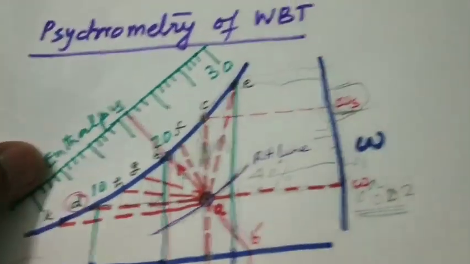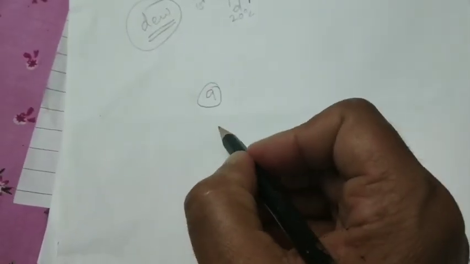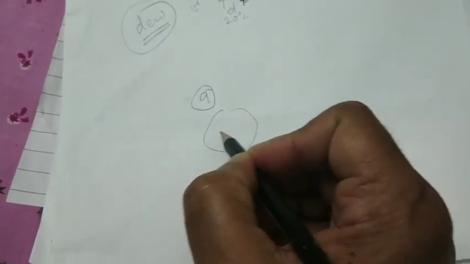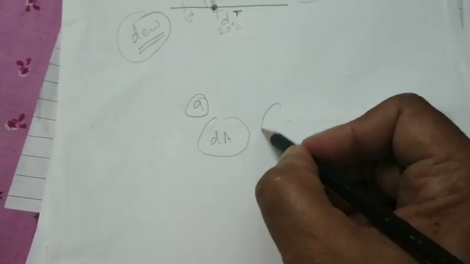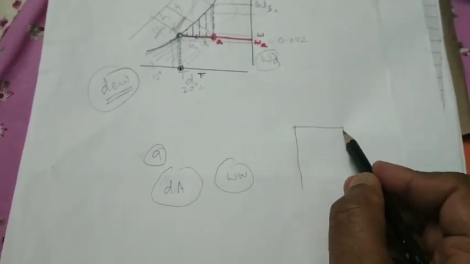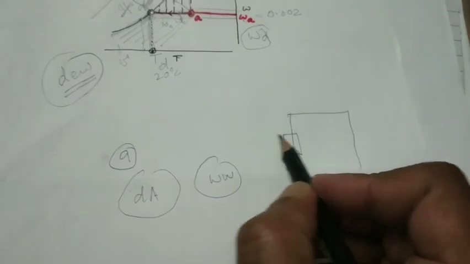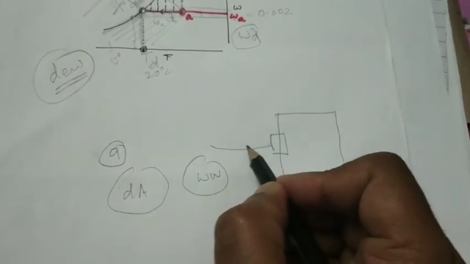So wet bulb temperature can be understood in another form. Let me explain this to you. Supposing there is air called A, and the air has dry air and water vapor. We have a room with a window here, and the air is coming from outside.